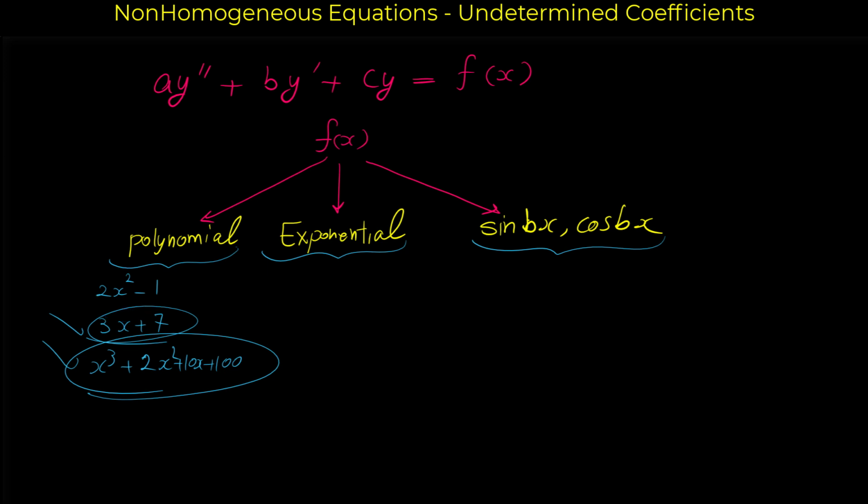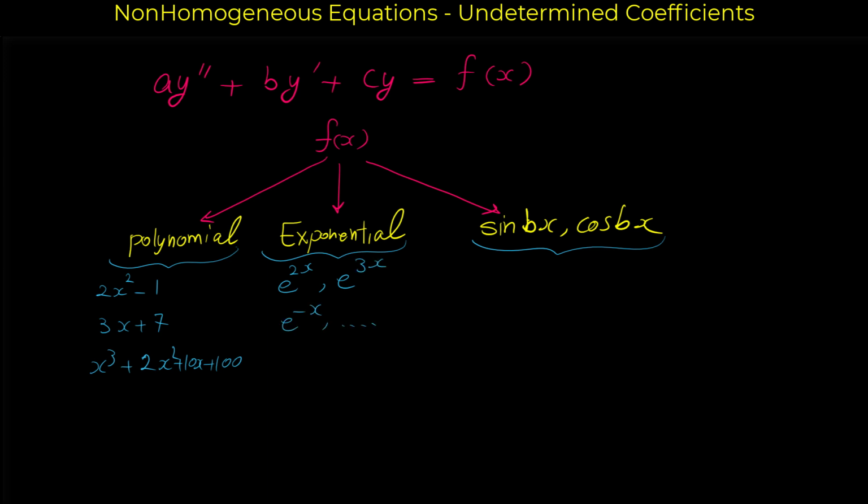All of these are polynomials. Probably you know what polynomial means. Exponential functions: f of x can be something like e to the 2x, e to the 3x, e to the negative x, and functions like this. So f of x can be of these types of functions.